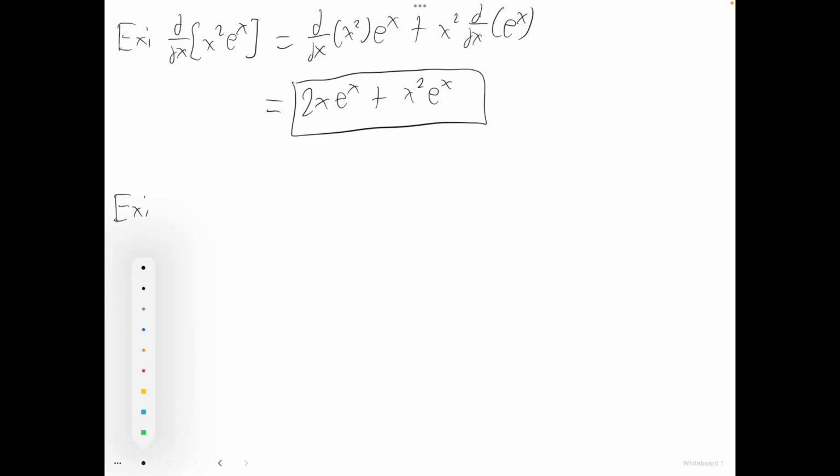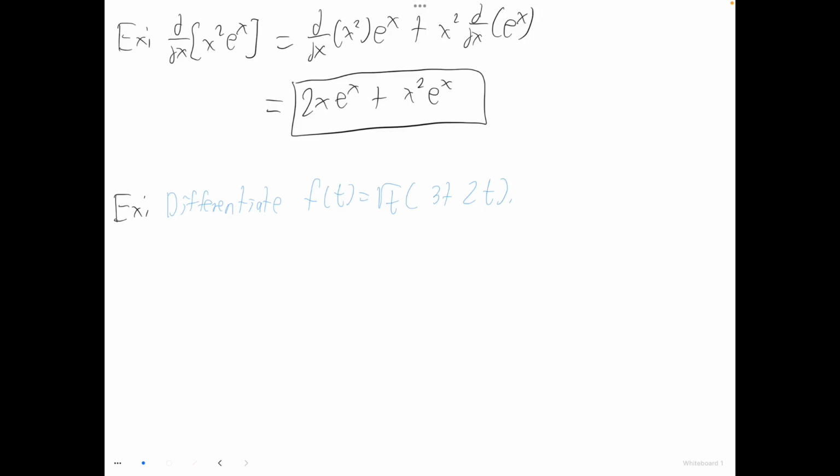So if we look at another example, we want to differentiate f of t equals the square root of t times 3 plus 2t. Now there are two ways of doing this derivative. We could multiply it out and then take the derivative, or we could use the product rule.